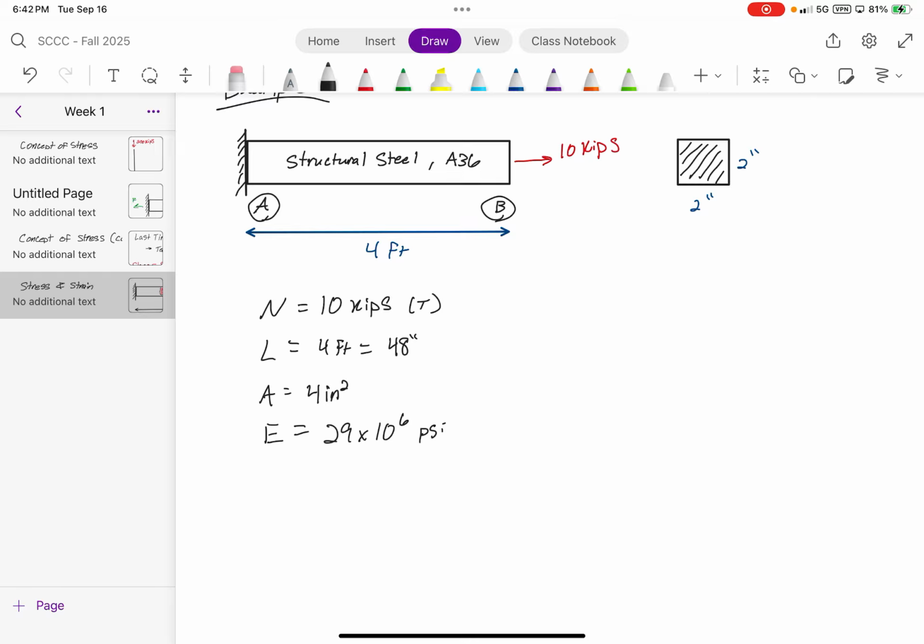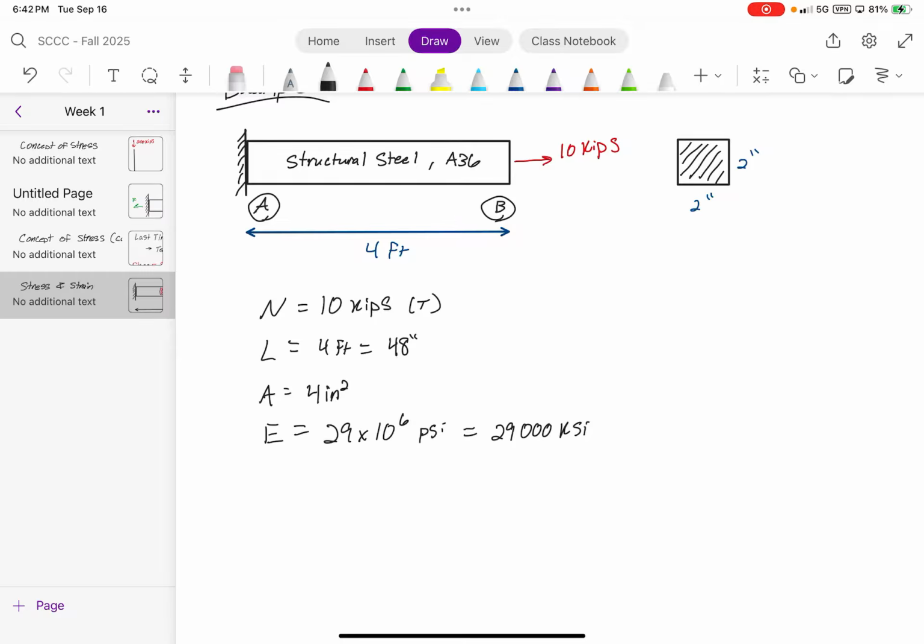And if you know what pounds to kips is, you could just divide that by 1,000, which gives you 29,000 kips per square inch. So you could do it one of two ways. You could convert the 10 kips to pounds, or you can convert the elastic modulus to kips per square inch. It's really up to you.